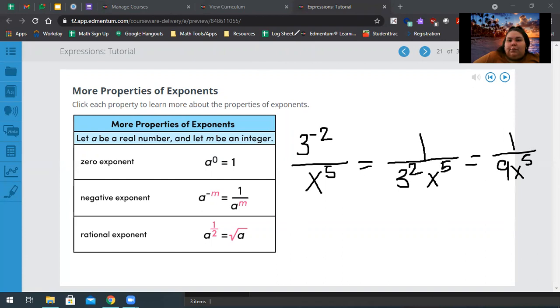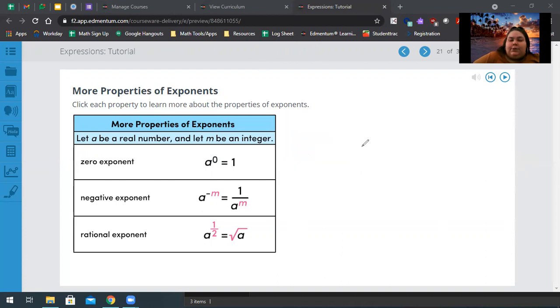But I do want to give one more where we use it in the opposite direction. So I'm going to have 4x to the 3rd power, y to the negative 2. So again, I'll draw my fraction line. I have this 4. The 4 is nice. We don't need to change it, so we keep it up here. X to the 3rd power, we like x to the 3rd power. The 3 is positive, so we keep it where it is. Y to the negative 2 power, we have a problem here.